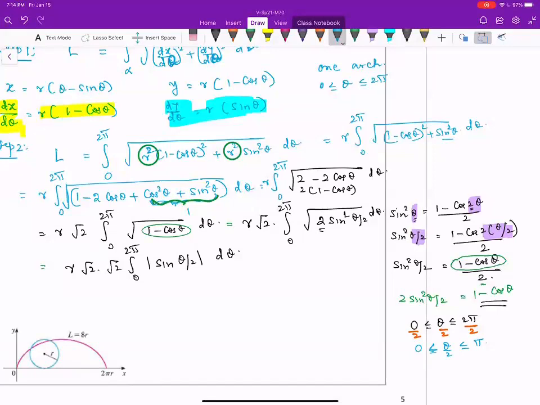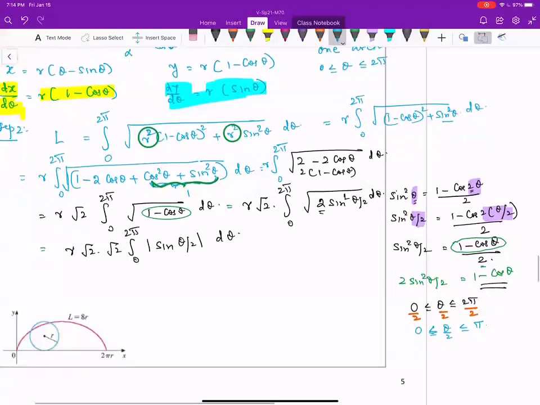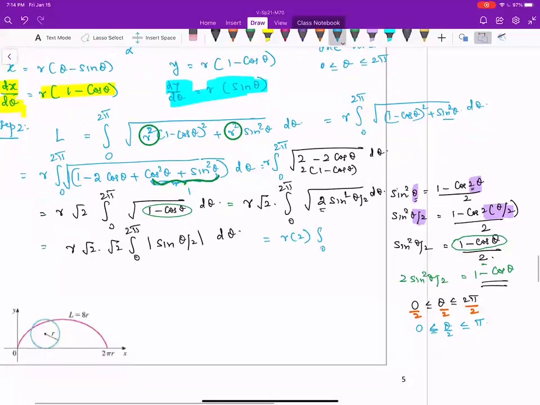So in either case, sine is positive. So in both quadrants, sine is positive. So instead of writing absolute sine theta by 2, I can simply write sine theta by 2. I can take off the absolute sign because it's positive. So now the problem becomes very simple.